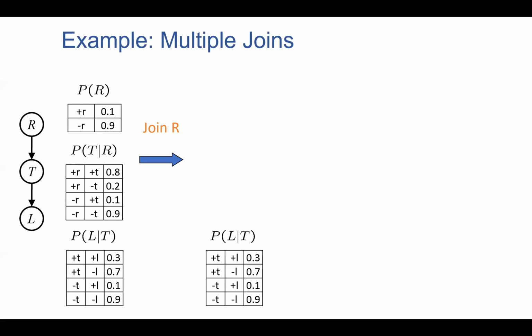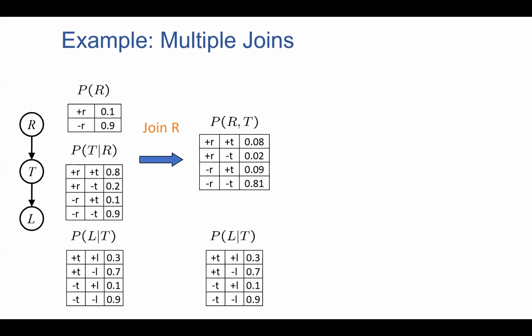What we have done here is we have joined R and T together. And now we will have to join RT with L together, right? That one is 0.8, if you look at P of T given R, and here is 0.08 because we multiplied.